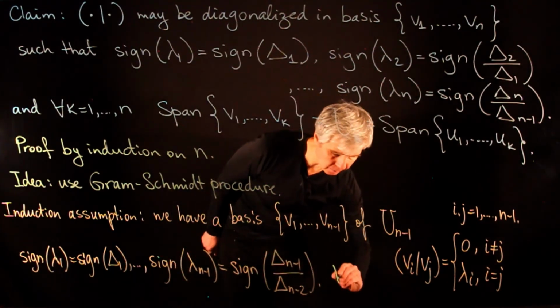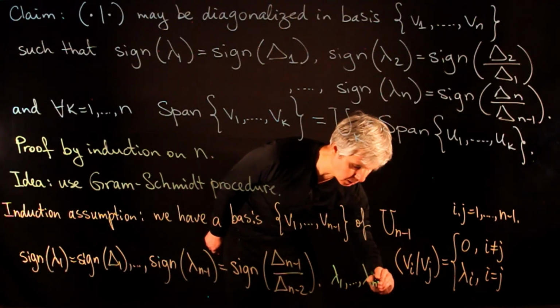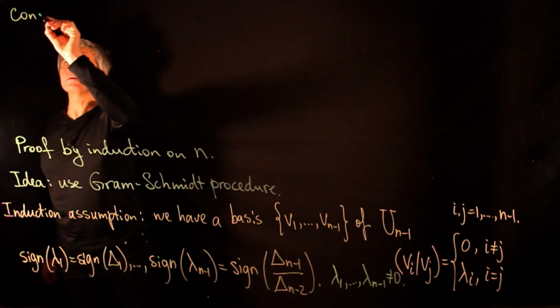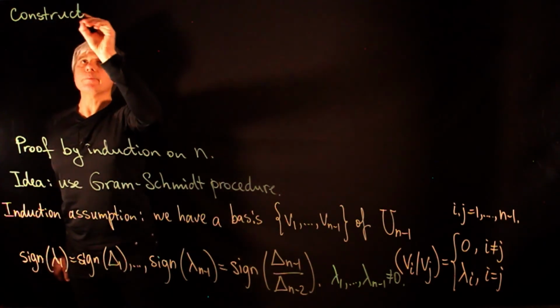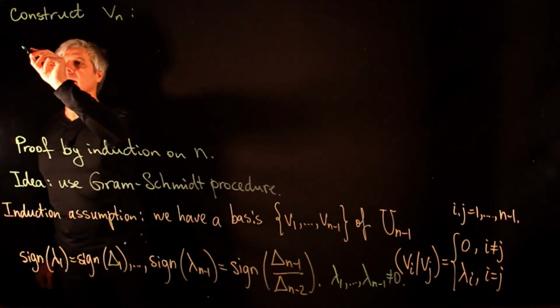And in particular, the eigenvalues lambda 1 through lambda n minus 1 are not 0. Now we need to construct the last basis vector Vn. We do this using the Gram-Schmidt formula.